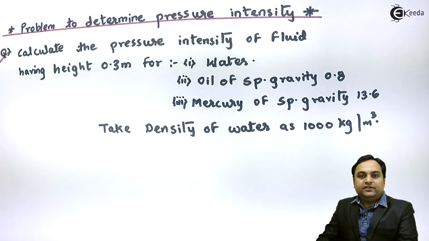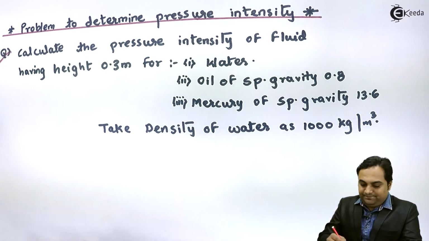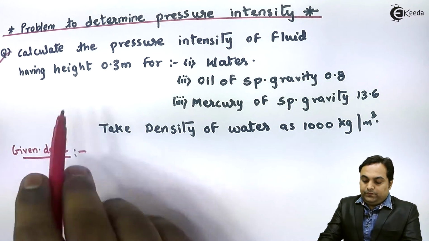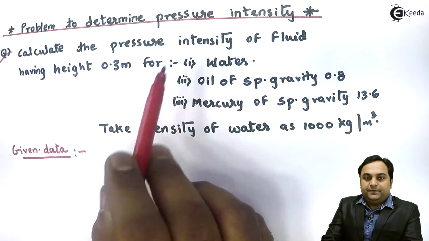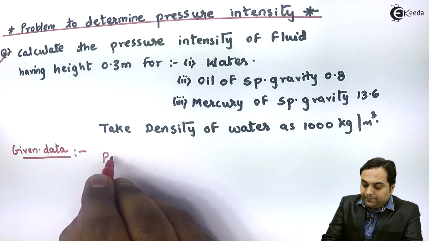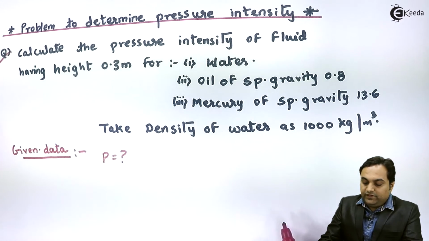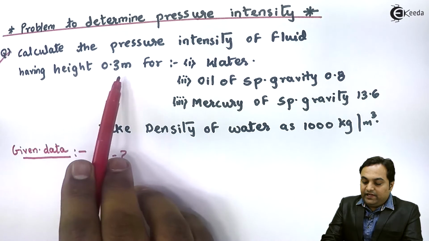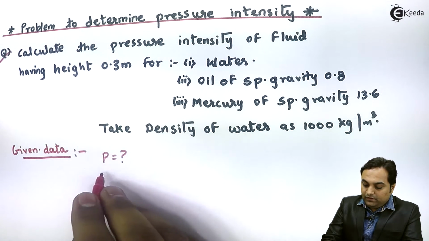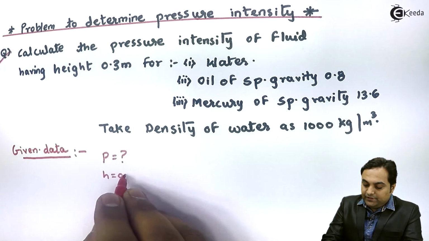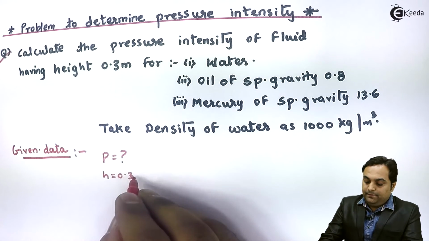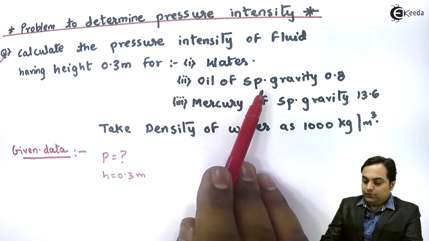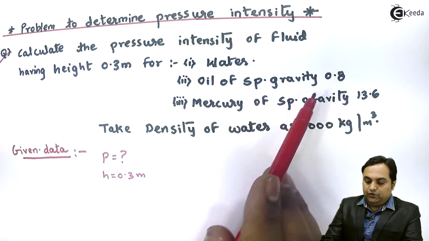So whatever is given here, I'll write that in the form of data. Now calculate the pressure intensity. Pressure intensity I'll denote it by letter P, that we have to calculate, of fluid having height of 0.3 meter. The height of the fluid is mentioned, it is 0.3 meters. We have to find out pressure intensity for water, oil whose specific gravity is 0.8.